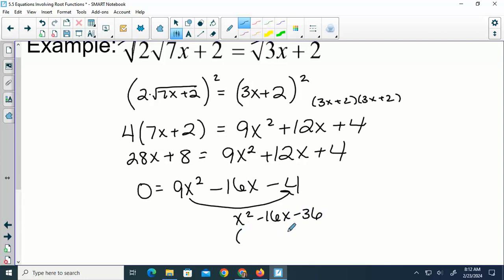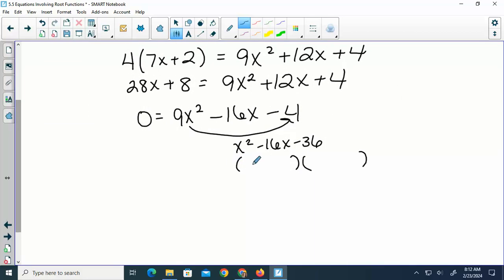What multiplies to negative 36 and adds to negative 16? Positive 2, negative 6.